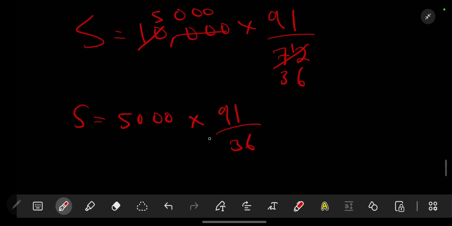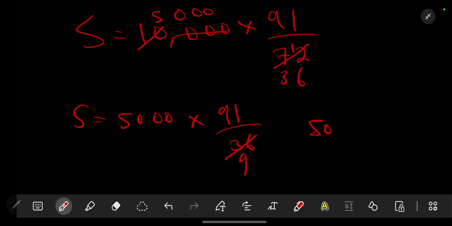We can still divide further. Now we know that 4 can enter 36, and 4 can also enter 5,000. If you want, you can use a 2, but they want it in the simplest form. So 36 divided by 4 is 9.